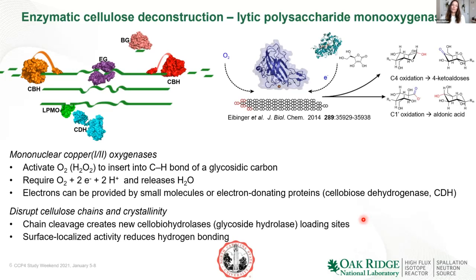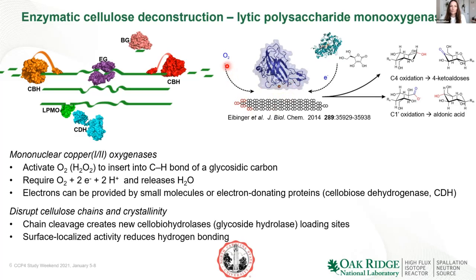So briefly, to introduce the protein that my group is interested in: lytic polysaccharide monooxygenases. Those enzymes were discovered in the early 2010s. They are involved in cellulose degradation in wood-degrading organisms such as fungi. Those enzymes are copper monooxygenases. Their active site is composed of one copper atom located on the cellulose binding surface of the enzyme.